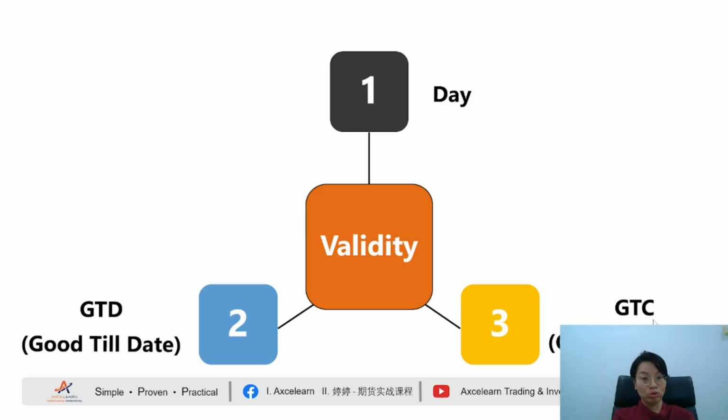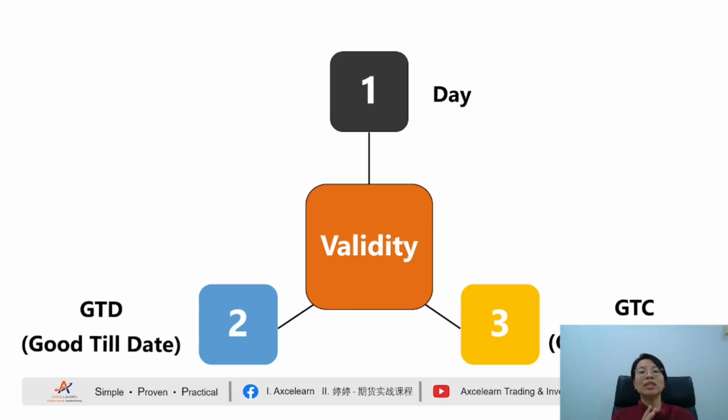Either one would do. Now, another circumstance is where you cannot put a GTD or GTC order. In what circumstances should you not place a validity, which is a GTD or a GTC? If you do not have any position, meaning in your trading account your net position is 0, don't initiate a new position with a GTD or GTC order.